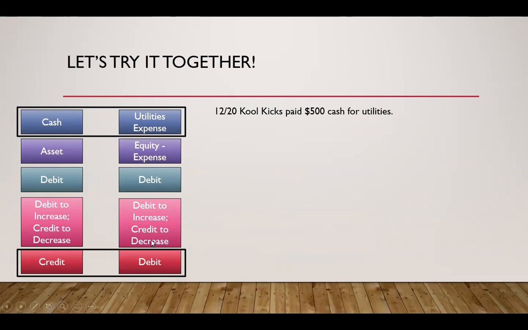It's not even an asset. So I don't want you to think that assets are always going first or we're always debiting assets, because assets aren't always increasing. Assets can decrease. It is the account that we are debiting that gets listed first. So we're debiting utilities expense and we are crediting cash. And here is our description: pay for utilities.